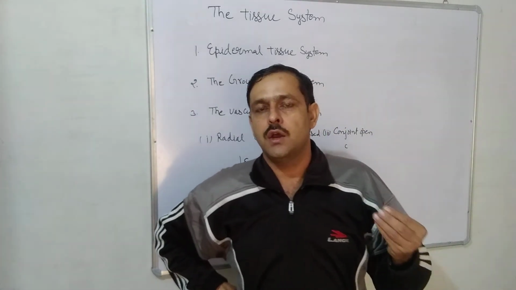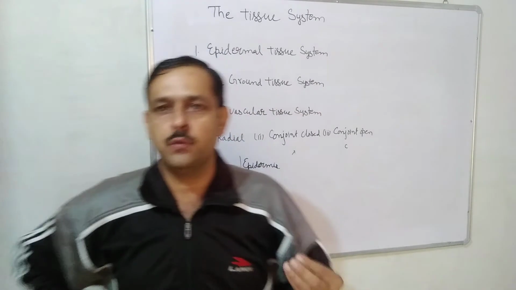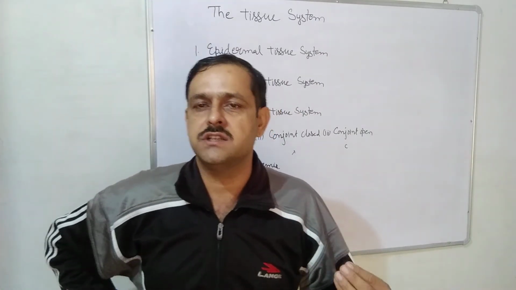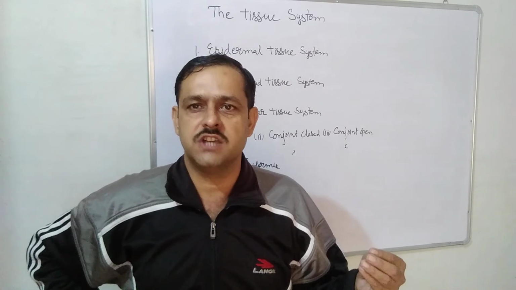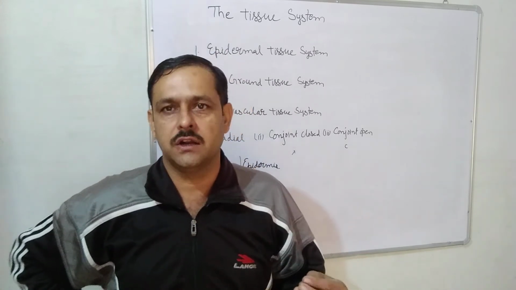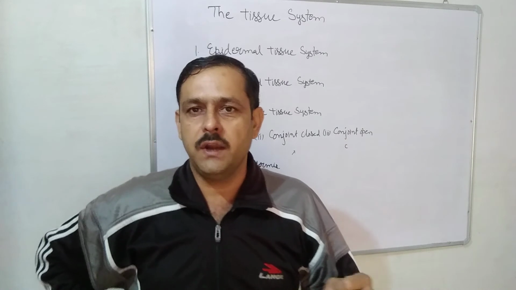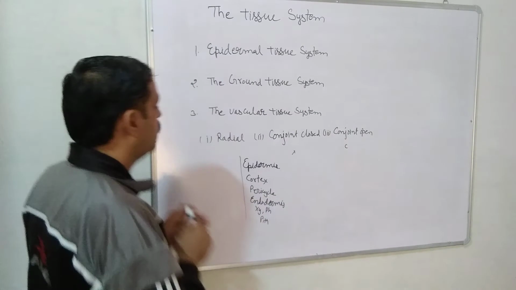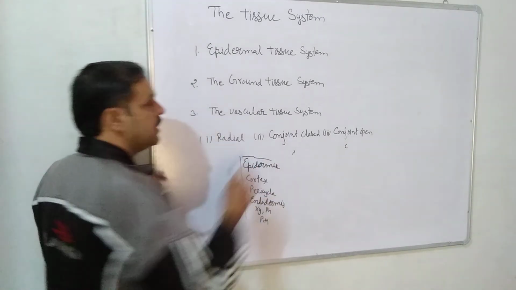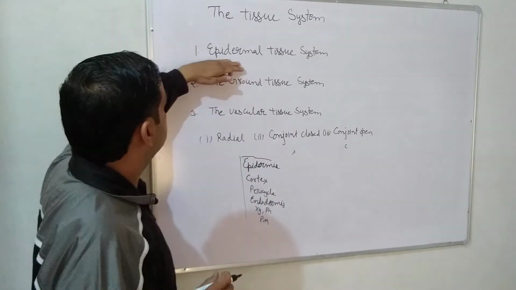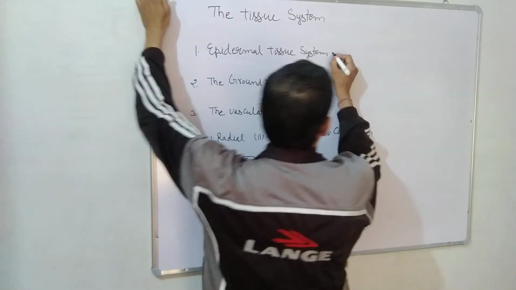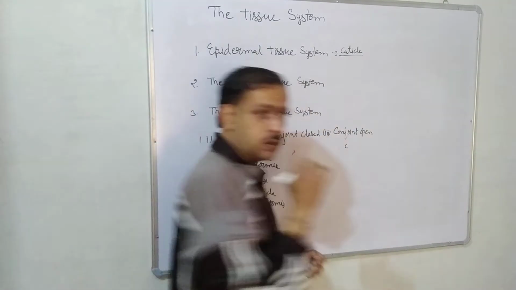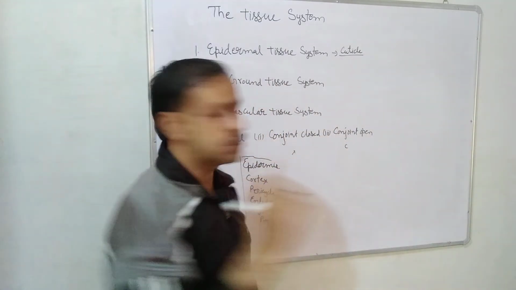Cuticle is the waxy protective layer which can prevent transpiration, because in xerophytic conditions plants lose so much water through transpiration. To prevent water loss, they have a definite structure found just outside the epidermis called cuticle. So whenever we talk about the epidermal tissue system, first of all comes the cuticle, and cuticle is absent on the stomata.